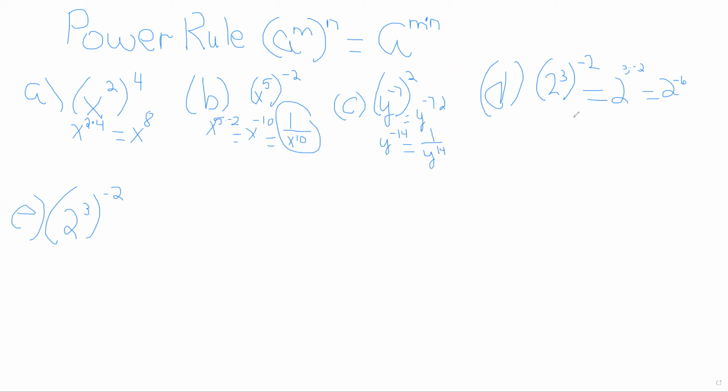Once again, what will I need to do? Express it in the positive state, 2 to the 6th power. But because we know that we can compute 2 to the 6th power, that becomes 1 over 64. Final answer.